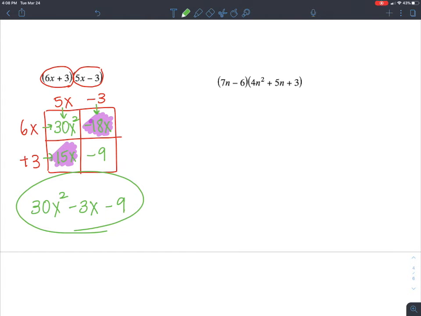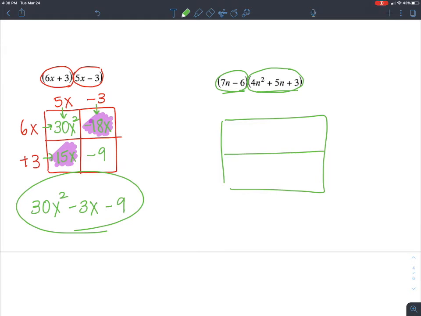Now in this next example, we have a binomial, 2 terms, times a trinomial, 3 terms. So we're going to have a 2 by 3 box. So we have 2 rows and 3 columns. So 7n minus 6, and then 4n squared plus 5n plus 3.